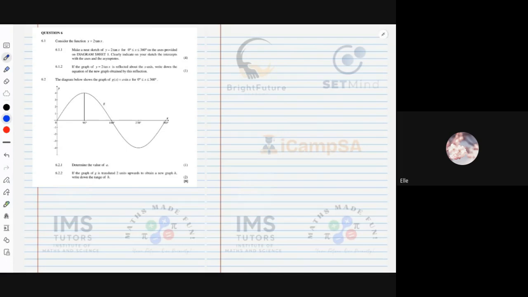Question 6.1: consider the function y is equal to 2 tan x, and we're asked to make a neat sketch of y is equal to 2 tan x for a period of 360 degrees on the x-axis, provided on diagram sheet 1, clearly indicating on your sketch the intercepts with the axis and the asymptotes.